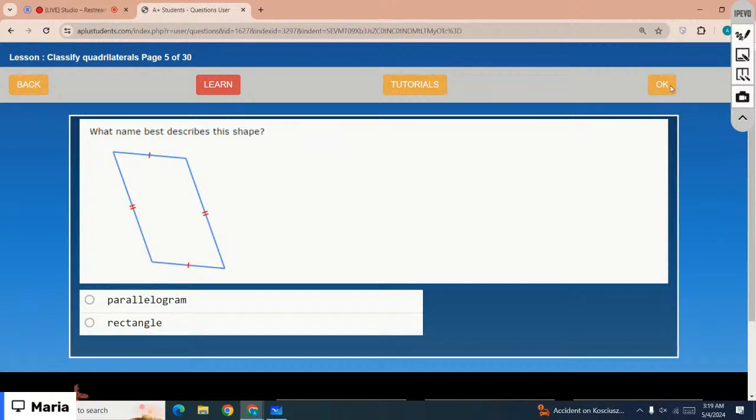That is a parallelogram, right? Because the opposite pair of lines are parallel, so that is the parallelogram.